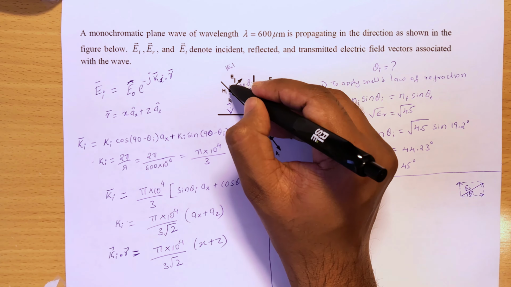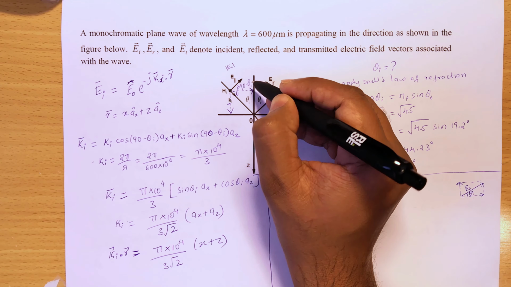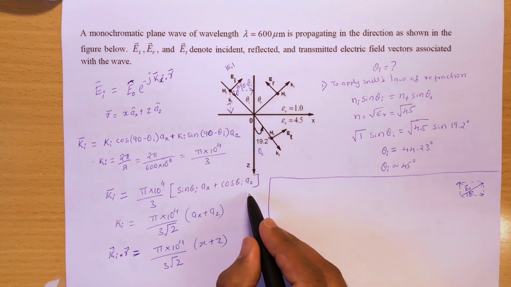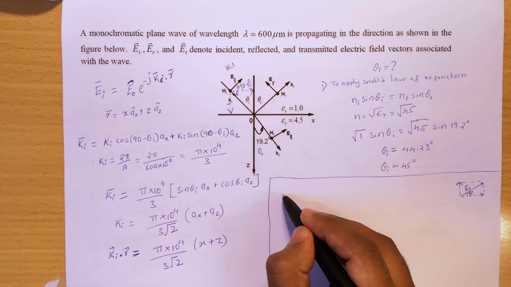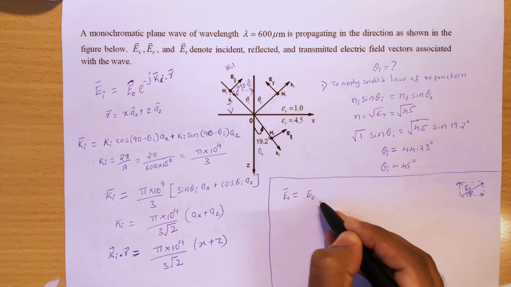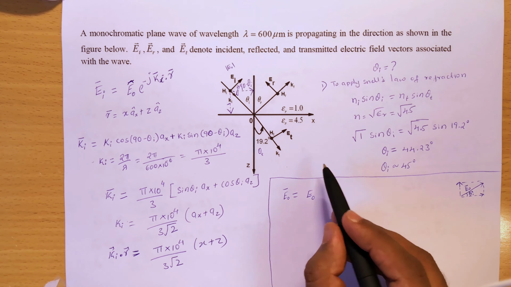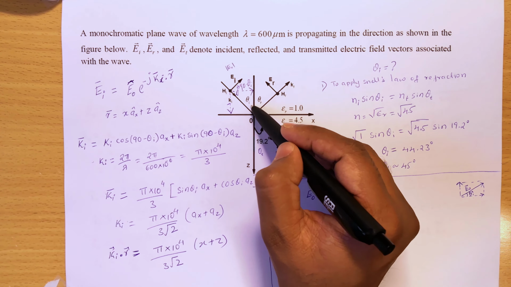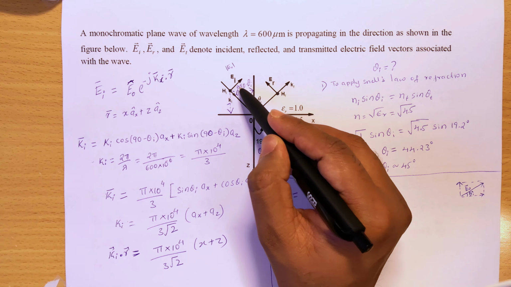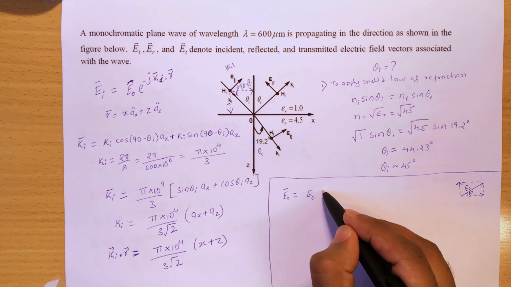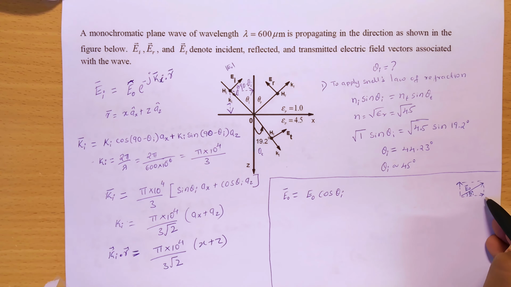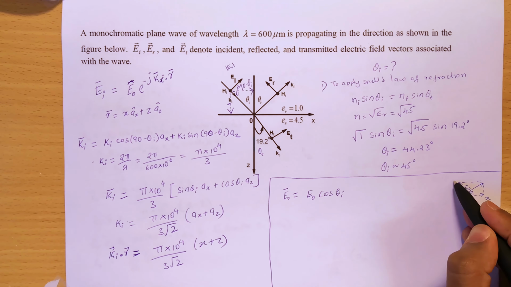from the geometry you can find out theta I, and from this component diagram, what we can get is the vector E naught. So this is theta I, that means this is 90 minus theta I, and this should be theta I. So E naught cos theta I, and this is the x direction and this is the z direction.